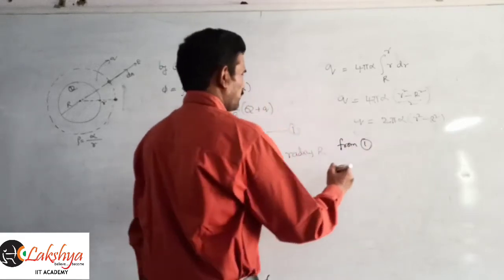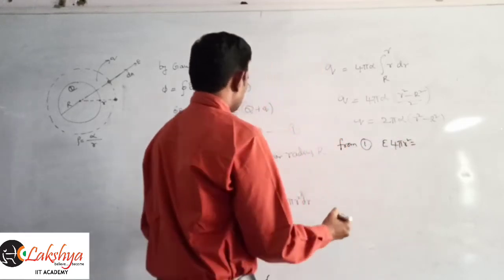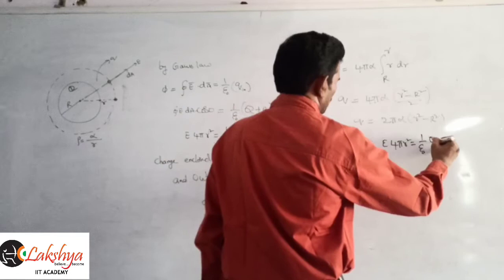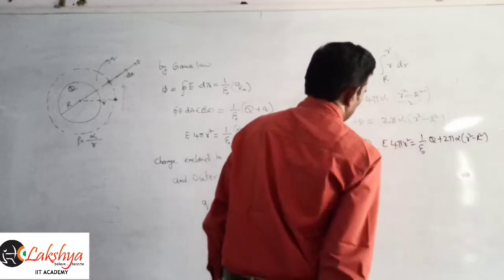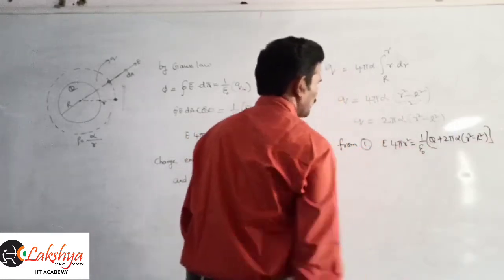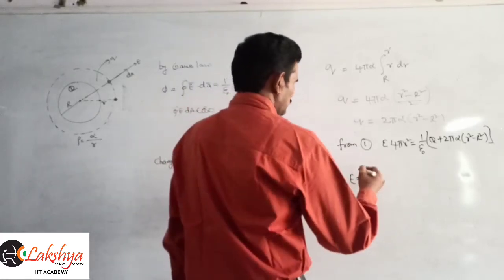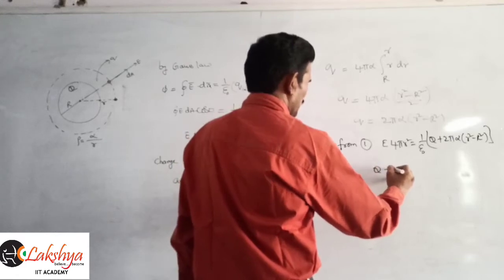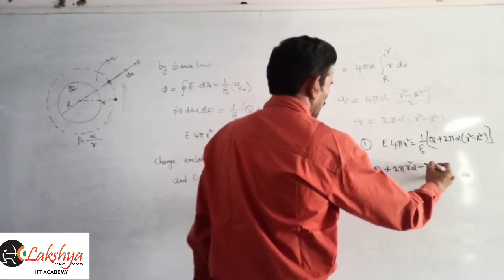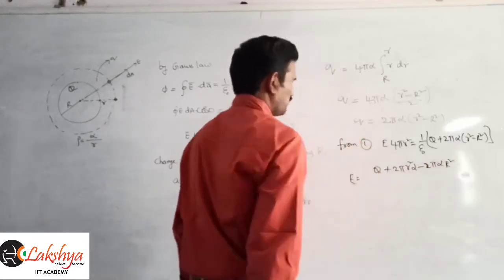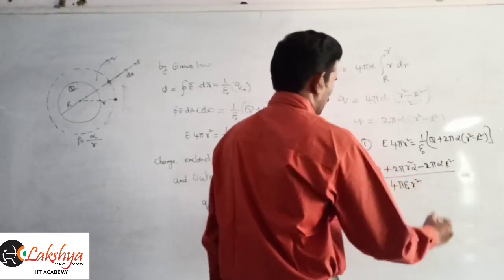So from equation 1, E into 4 pi r square is equal to 1 by epsilon naught times Q plus 2 pi alpha into r square minus capital R square, right? From this I am writing E is equal to Q plus 2 pi r square alpha minus 2 pi alpha into capital R square, divided by 4 pi epsilon naught into r square.